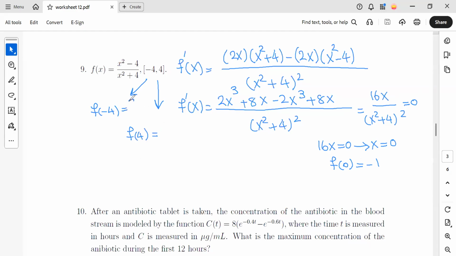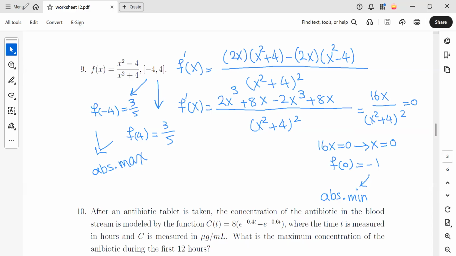Both of them will be 3 over 5. Now, by comparing these three amounts, we would see that -1 is the absolute minimum, and these two, both of them will be absolute maximum, which is 3 over 5.